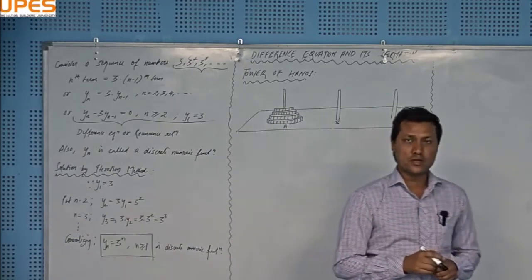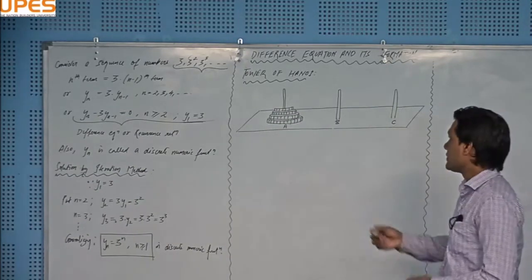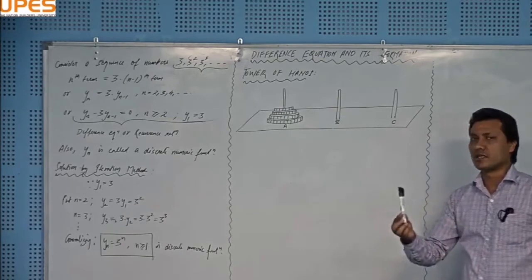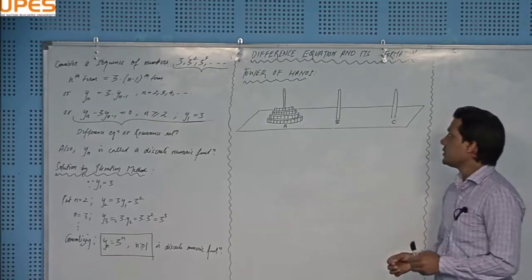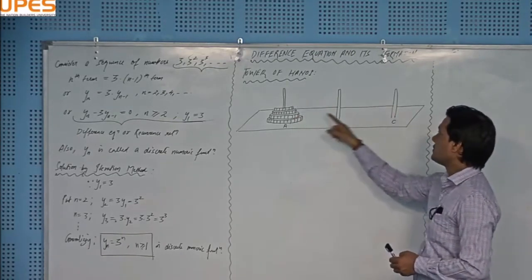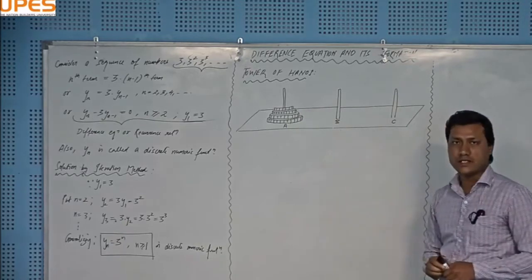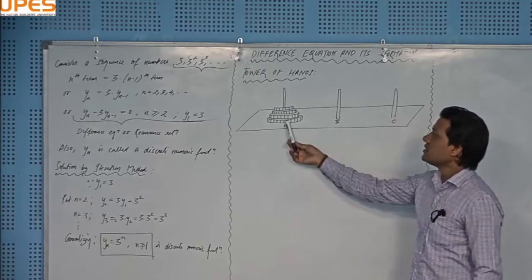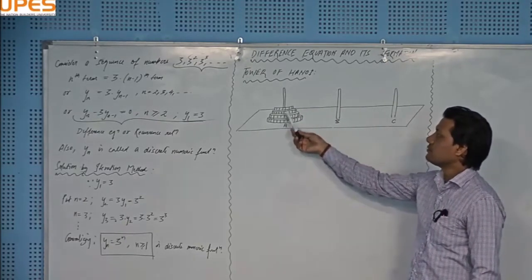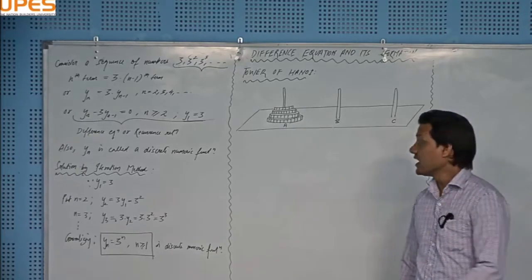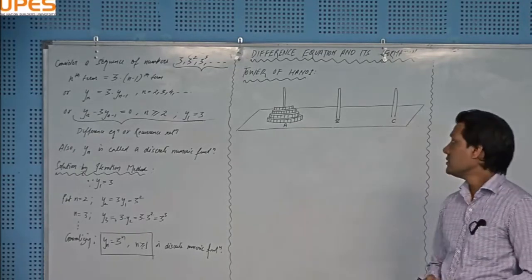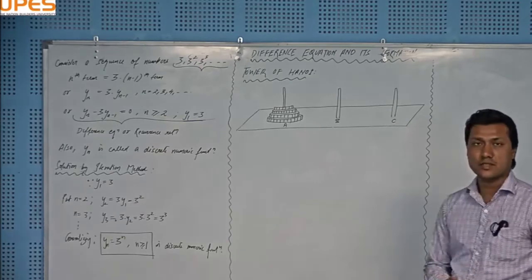This diagram demonstrates that we have three pegs. A peg is a kind of vertical tower, like this marker. You have three pegs on this horizontal board, and you have these discs. These are concentric discs. I have made only 4 of them, but they can be n in number. They can be 2 discs, 3 discs, or any number.